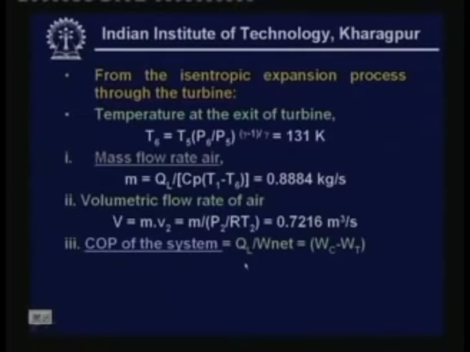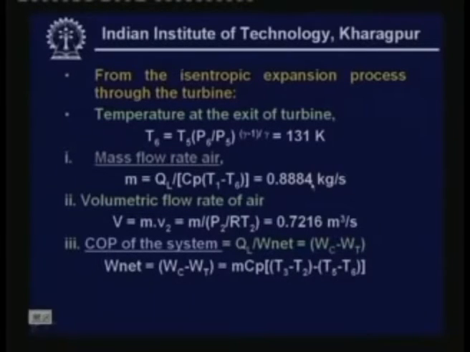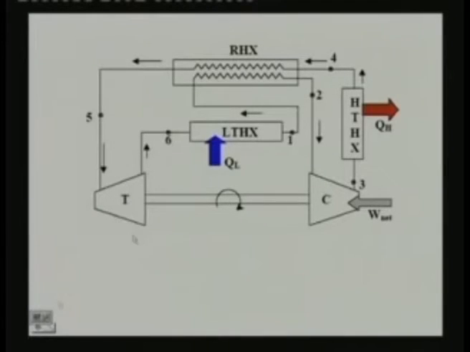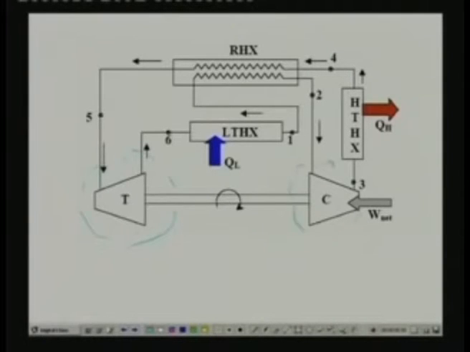COP of the system is given by QL divided by W net, that is the net work input to the system, and net work input to the system is equal to work input to the compressor minus work output from the turbine. This you can easily find out by again applying energy balance across turbine and compressor.